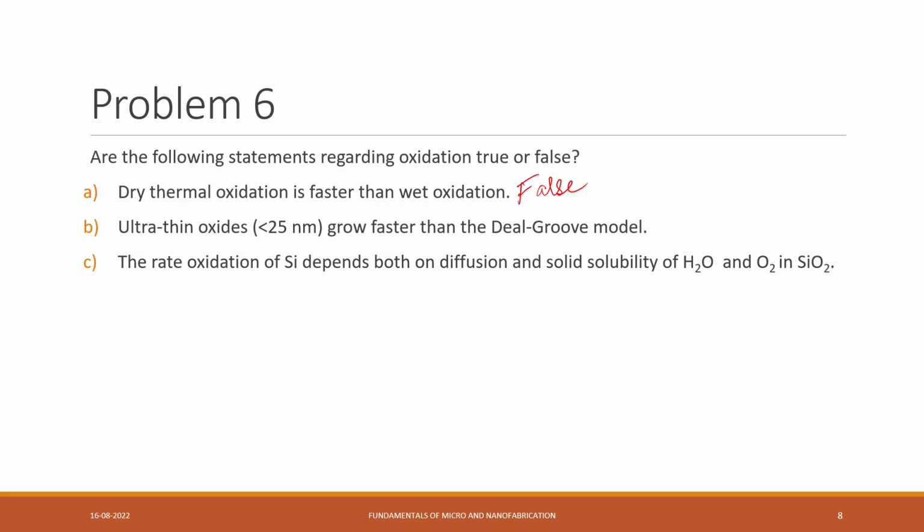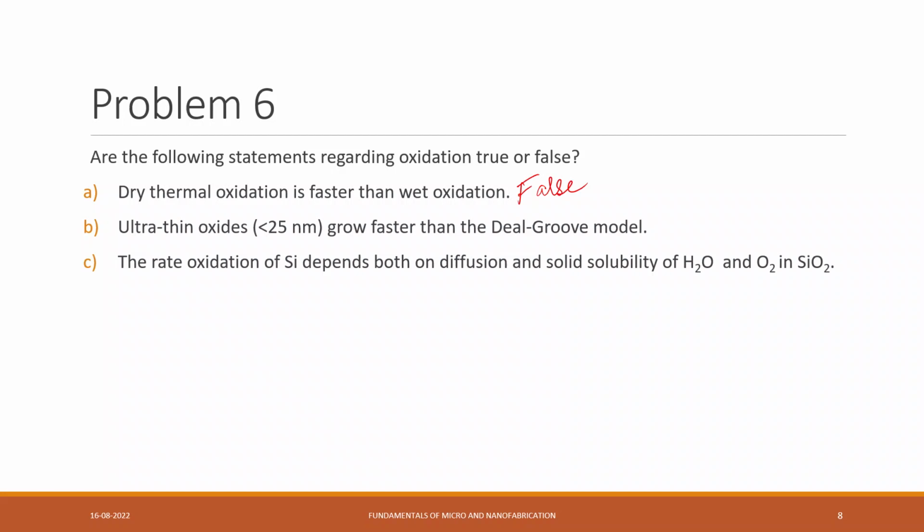The statement B, anybody has any comments? True or false? Okay, so option B, maybe B is false.